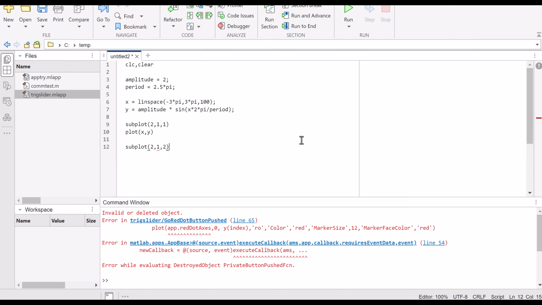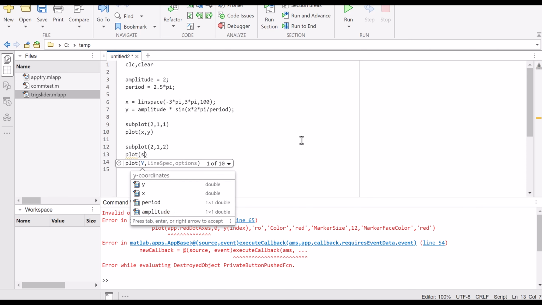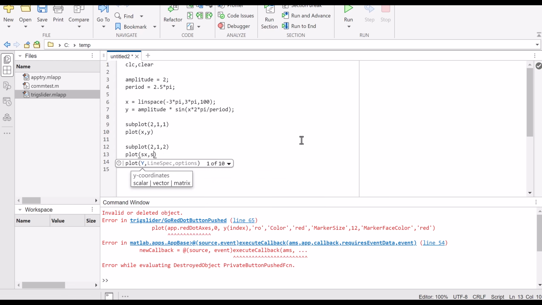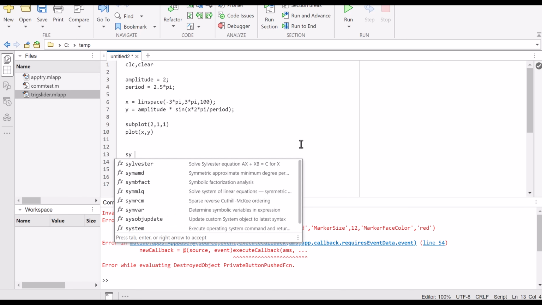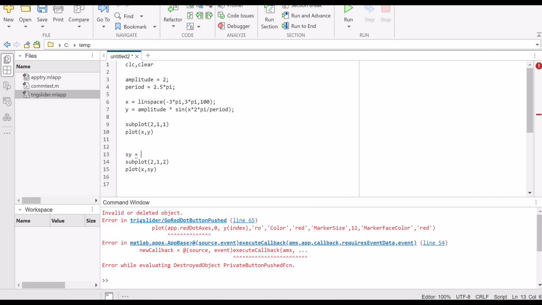Oops. And now I'm going to plot something else. Plot, I guess, this is going to be servo x and servo y. I'm actually less worried about servo x. Really what I worry about is servo y. Okay. So for the servo y, I'm going from negative 2 to 2, and that needs to be scaled down to a max.